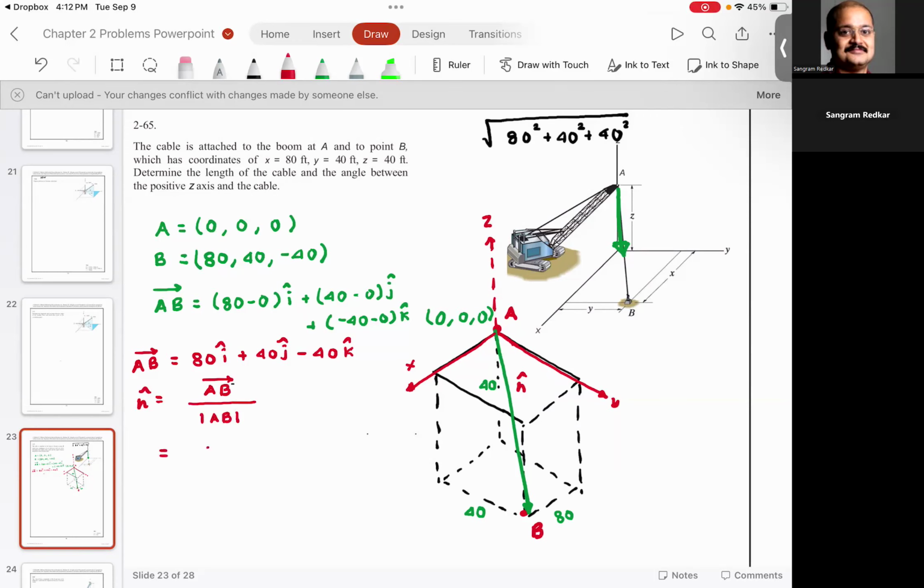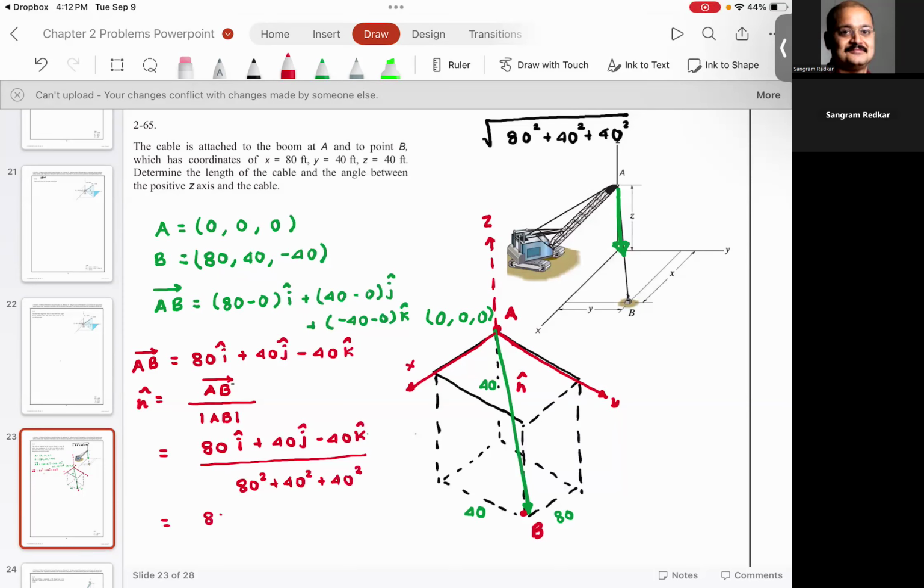So this is gonna be 80. So I will write down the magnitude of AB, 80I plus 40J minus 40K. And can someone quickly tell me what is 80 square plus 40 square plus 40 square?